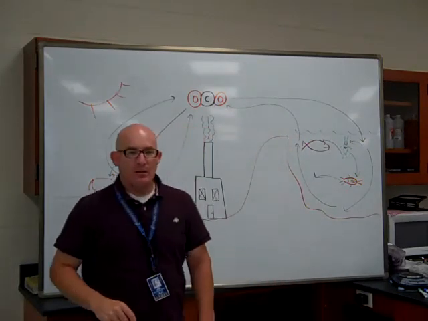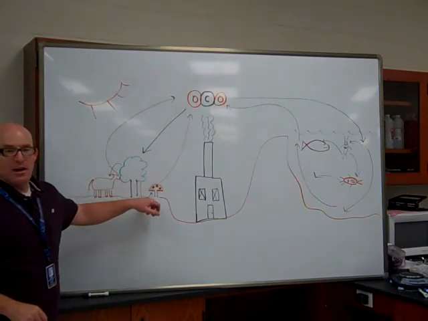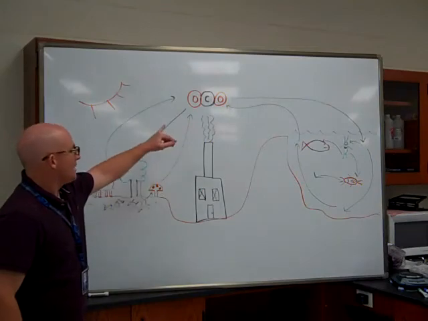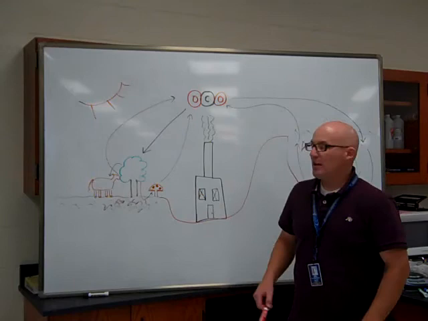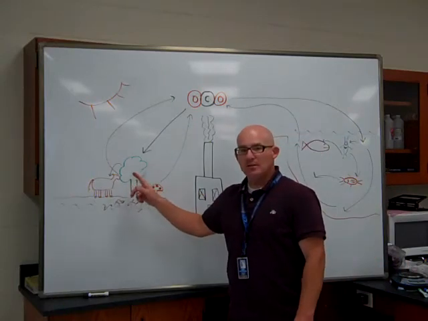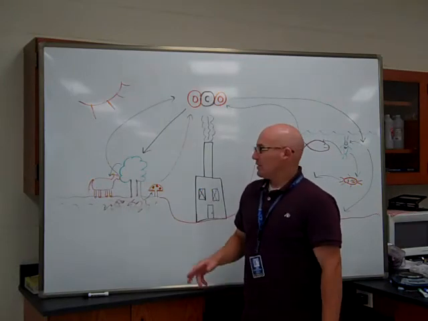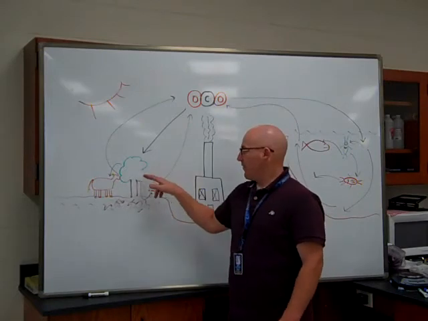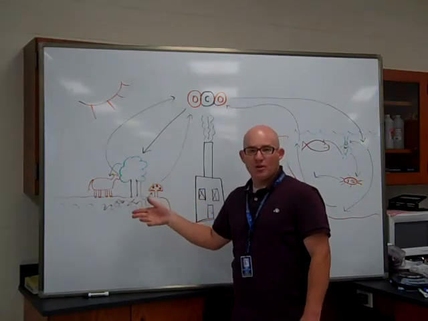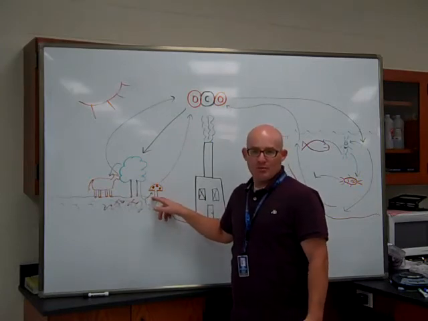Now, there's another dynamic to this terrestrial food chain. The carbon dioxide can come down and be used by the plant again in photosynthesis. But do all of the leaves have to get eaten? No. In the fall or in the summer, whenever, if one of those leaves dies and falls to the ground, those sugars, those nutrients in that leaf can be used by a decomposer, like the mushroom here.